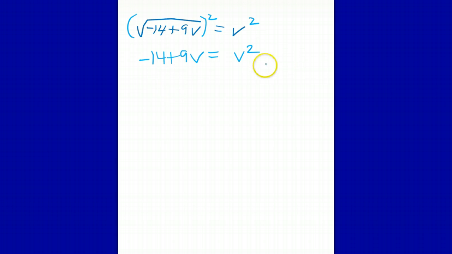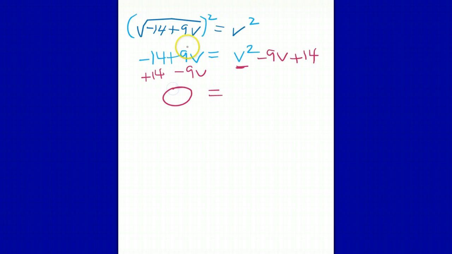So I'm going to try factoring first. Since when I do my factoring, I like to have v squared being positive, I'm going to move these guys over. So I'm going to subtract 9v and I'm going to add 14. If you notice, I put them in a certain order because that way the factoring will be easy.